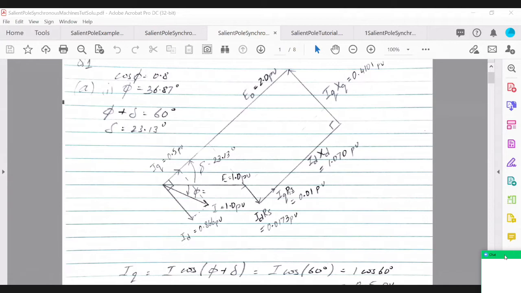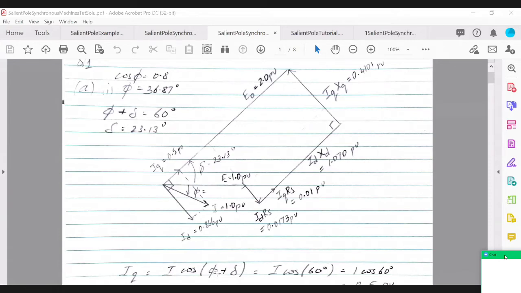Here you have to be careful, because the way we initially represented this resistance drop was parallel to I, the stator current. That same phasor is around here, but I've resolved it into two components, ID and IQ. When you draw the drop due to ID, it has to be parallel with ID, so ID RS, and IQ RS is parallel to IQ. These are the two components.